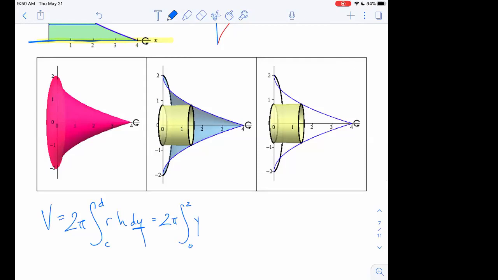Now, the last thing we need to fill in is our height. Okay, so if I look at this diagram right here, the height of this shell is an x value, okay, because it goes sideways. And it has a curve that defines it on the right-hand side. And then it has a curve that defines it on the left-hand side.